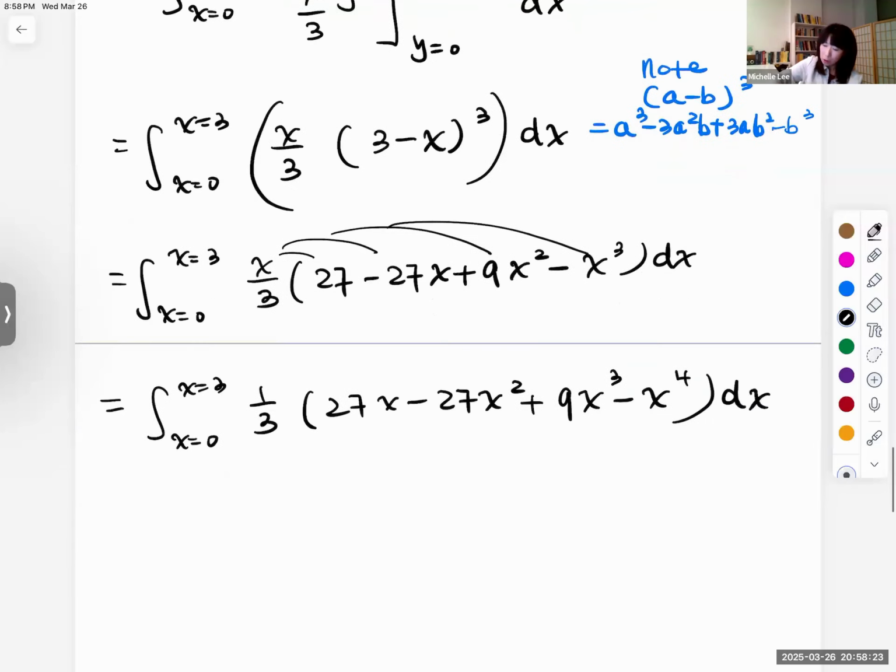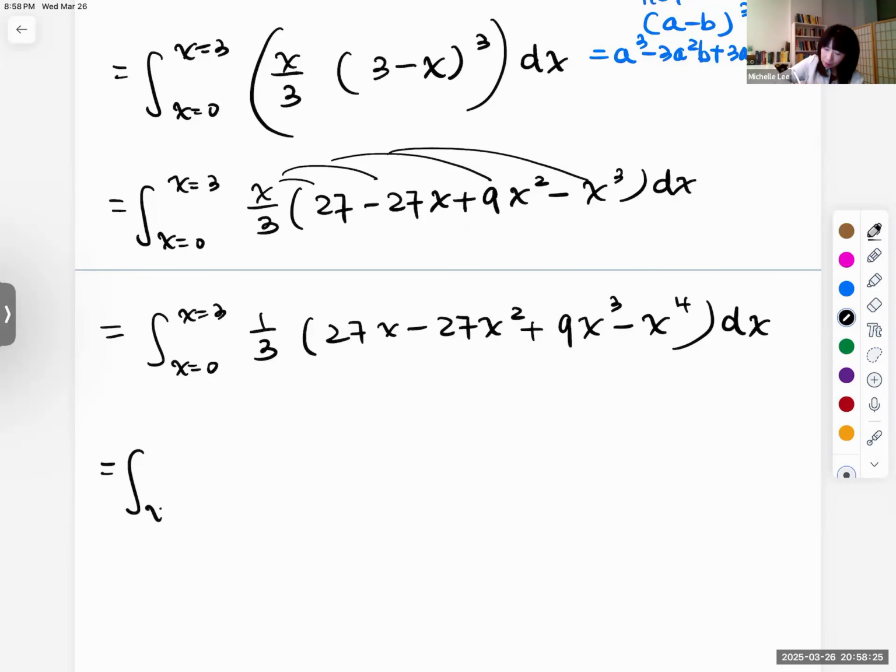Now let's integrate. Hold on one second. Since we can divide by 3, this is much better, right? Sorry about that.